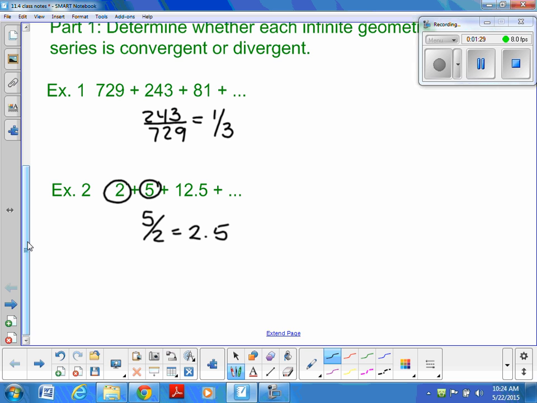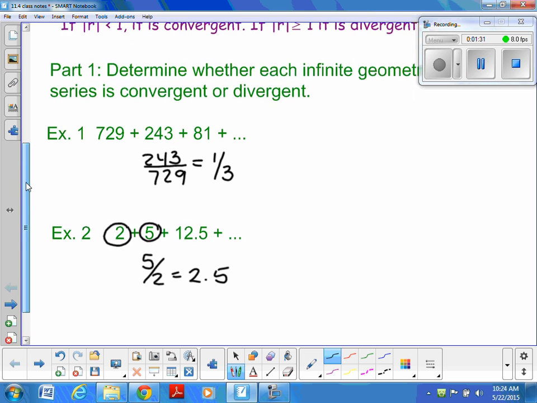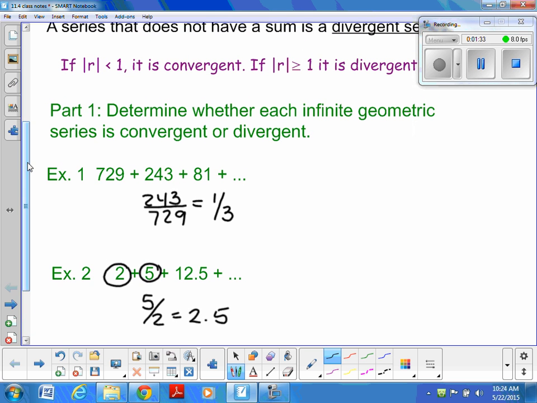So far, so good? Okay, do you notice that this number is less than 1? It's 1/3, it's a fraction. Do you notice that this number is greater than 1? So if the number is a fraction, it's converging. If the number is greater than 1, it's diverging.